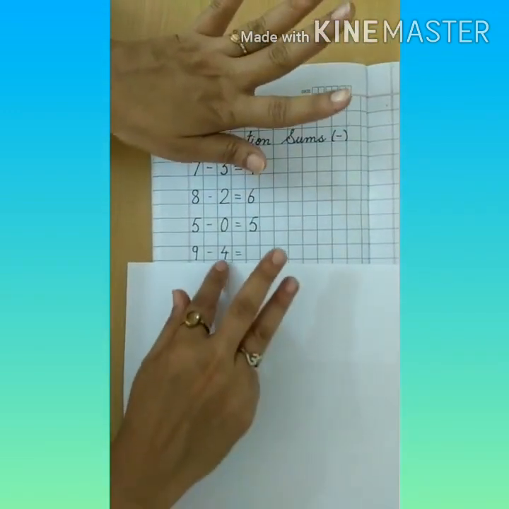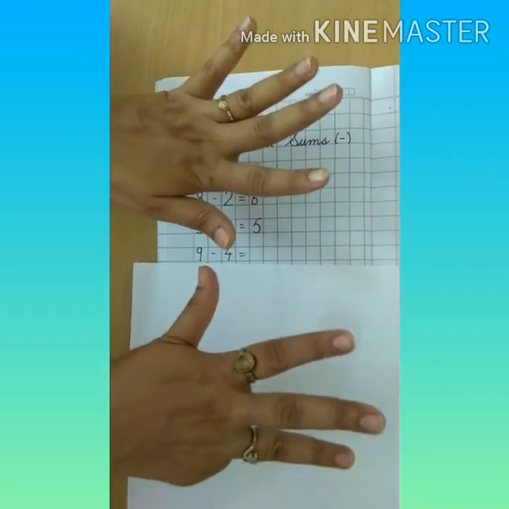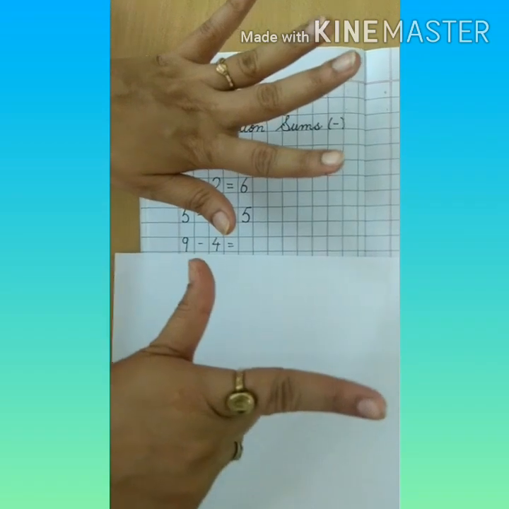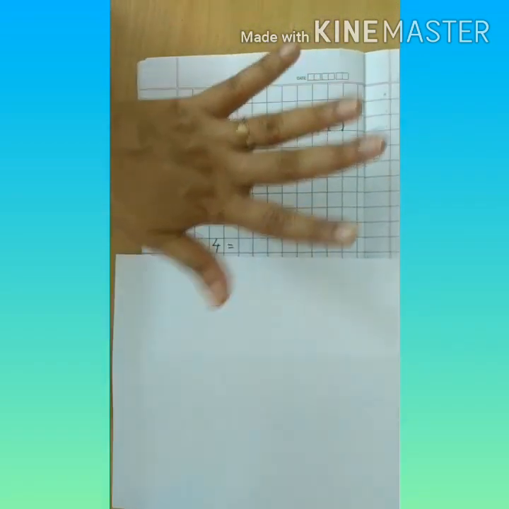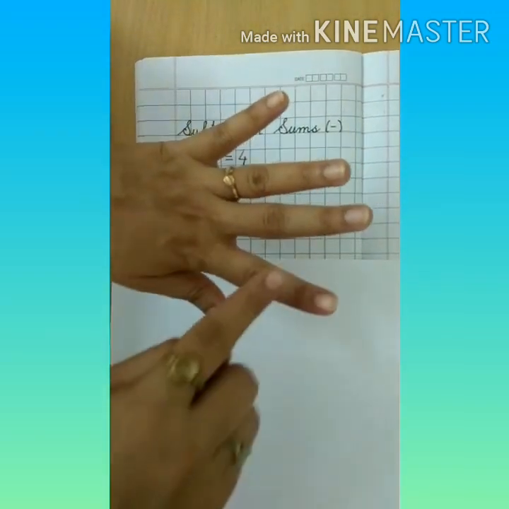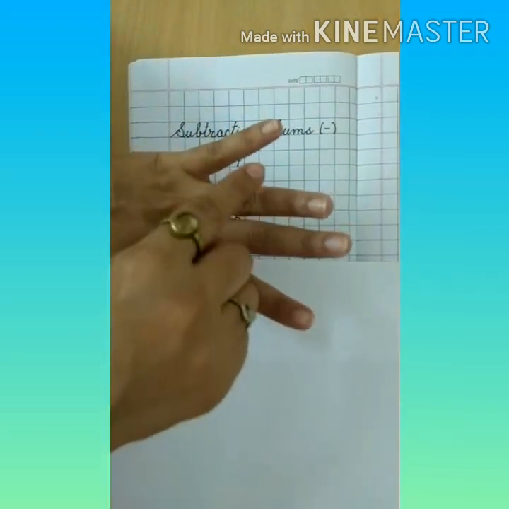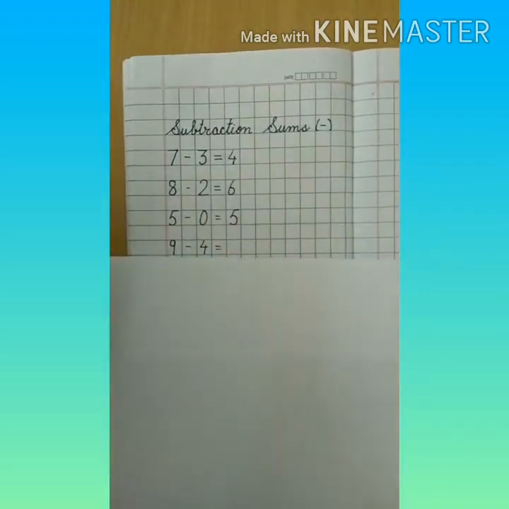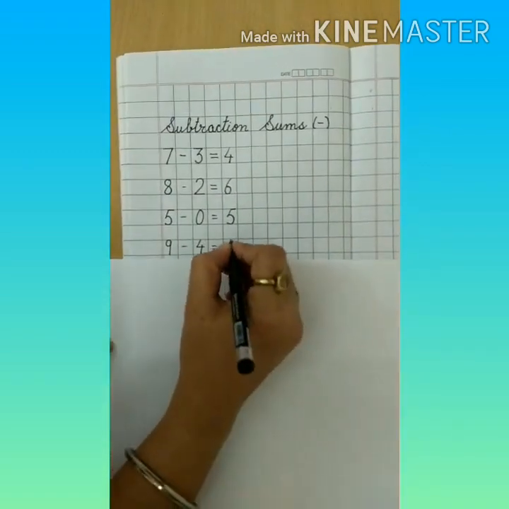And we have to subtract 4. So we will put our 4 fingers down. 1, 2, 3, 4. See, how many fingers are left? 1, 2, 3, 4, 5. So 9 minus 4 equals 5.